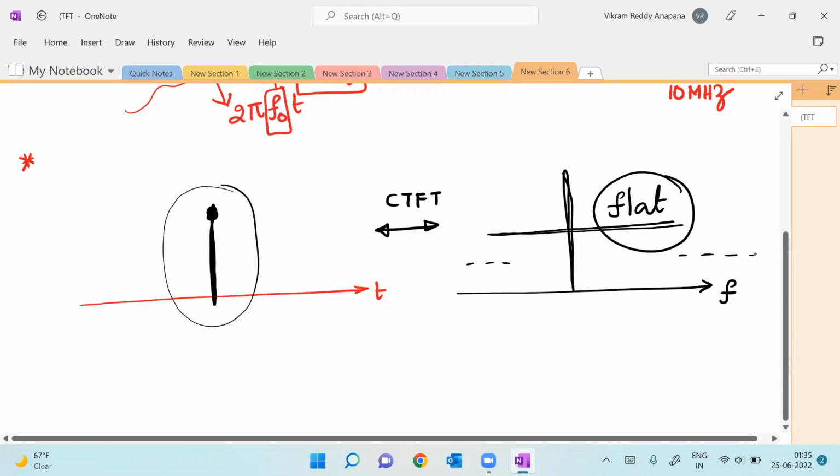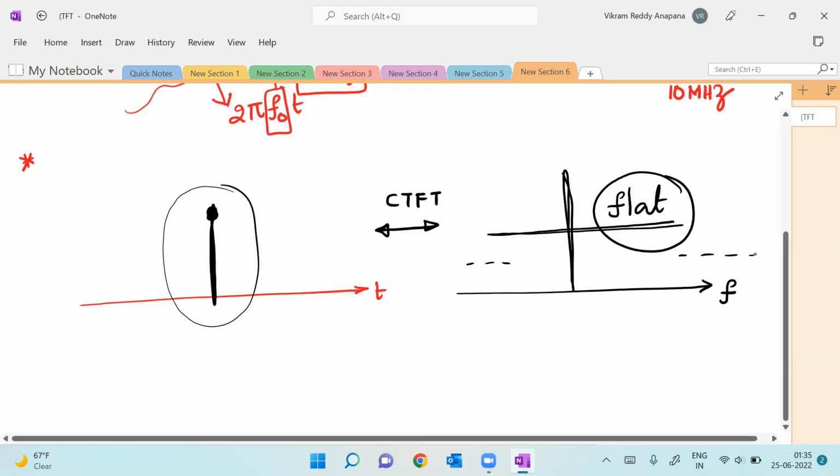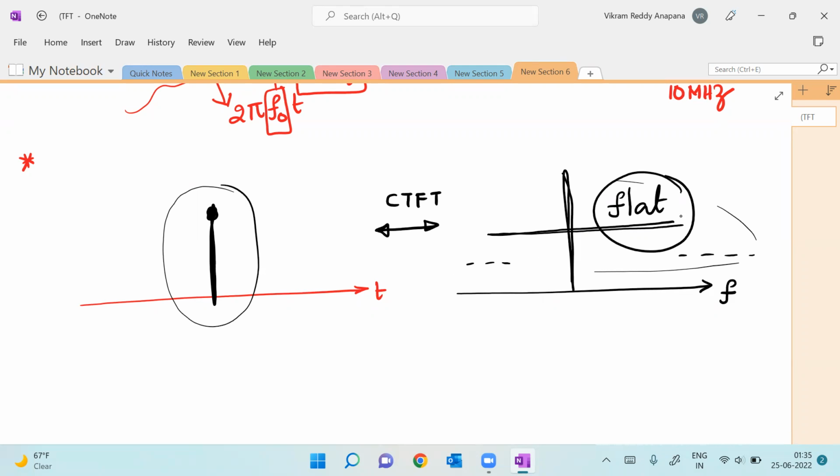Theoretically, the spectrum of an impulse function contains every frequency. All the frequencies are involved in the spectrum of the impulse function. This is a very strange behavior, right?